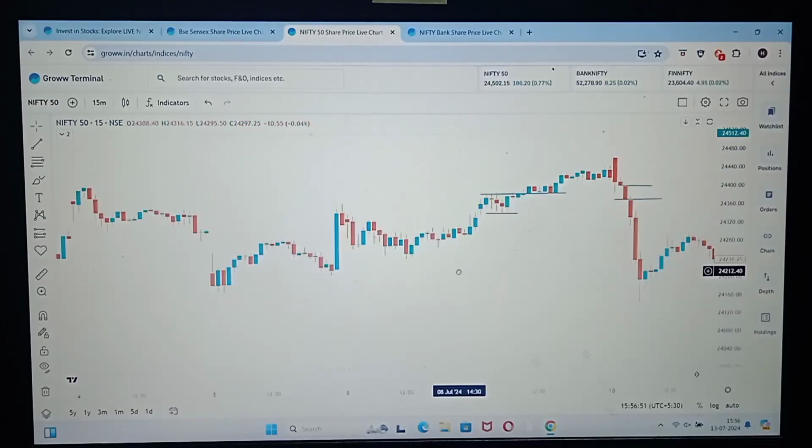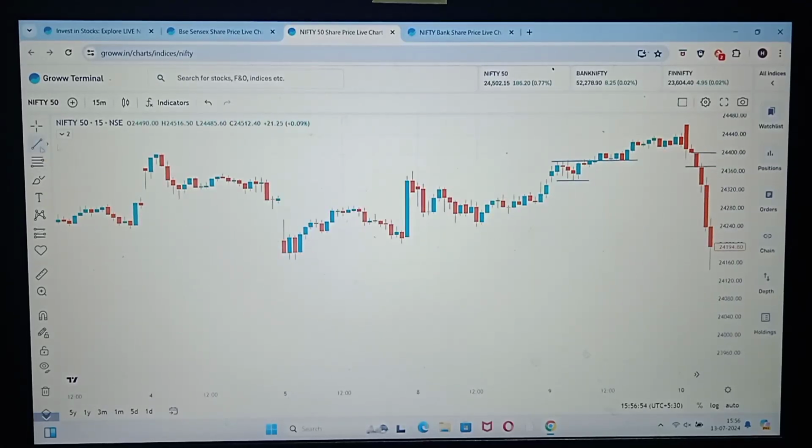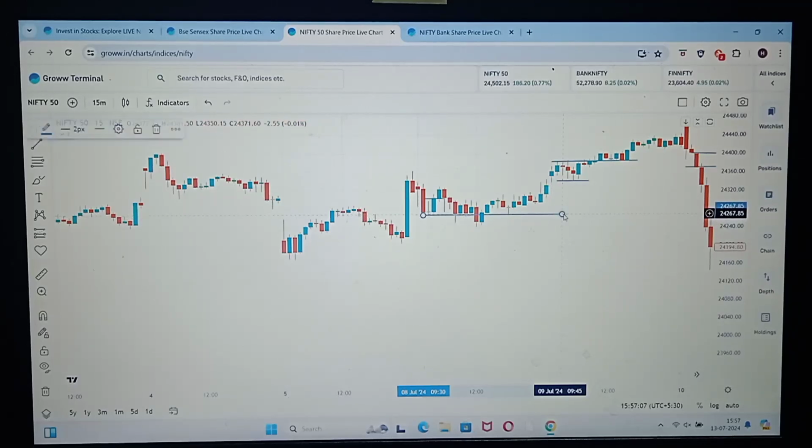Again on 8th of July we'll see this candle with a big wick and small body, almost negligible body. This candle is giving you the breakout on the call side.